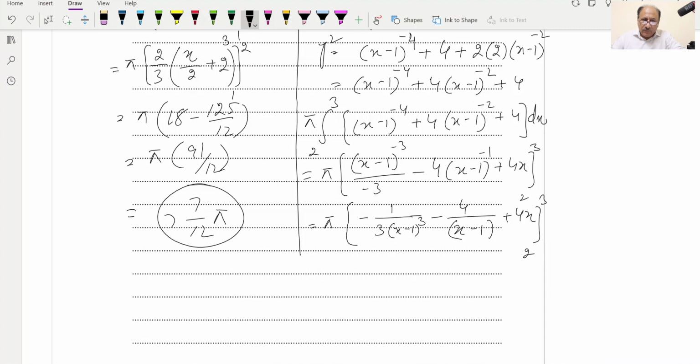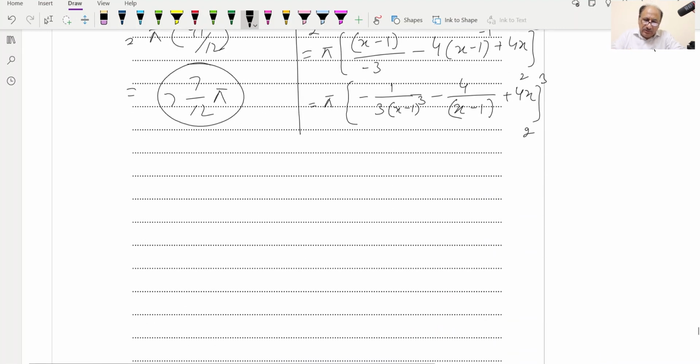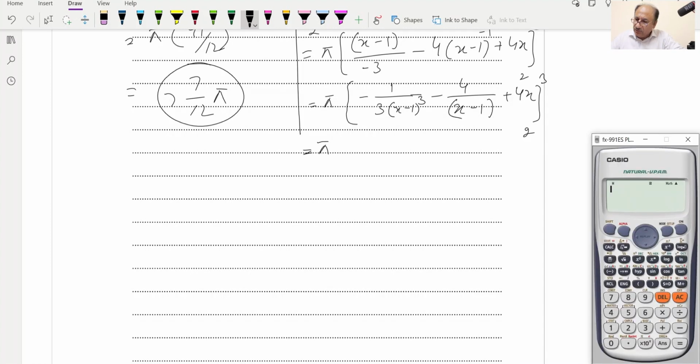And this is the correction which we have done, and this will be plus 4x with the limits 2 to 3. Now we can use a calculator for replacement of values. We write −1 over 3(x − 1)^3, minus 4 over (x − 1), plus 4x, and we will calculate this for x equal to 3.